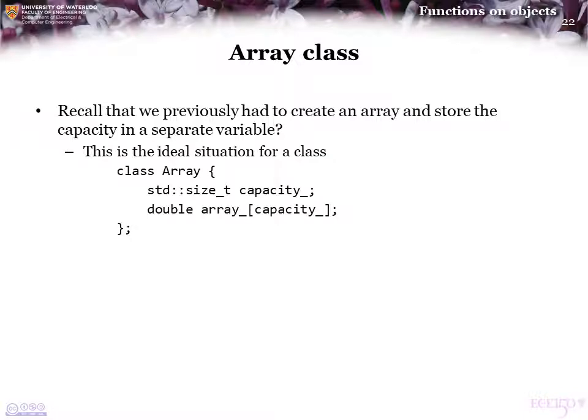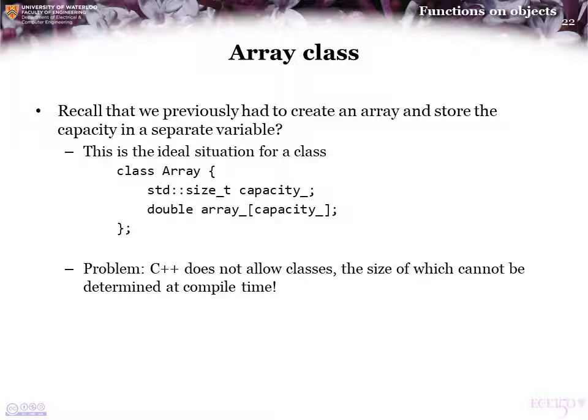So the first thing you may think is maybe we could do something like this. We could somehow have a capacity, which is a member variable of a class, and then we could declare the array to be an array of that many objects. That's a nice idea, but there's one serious drawback in C++.